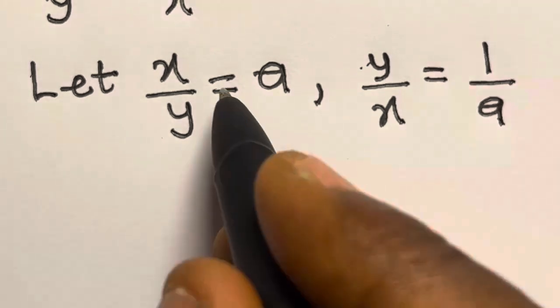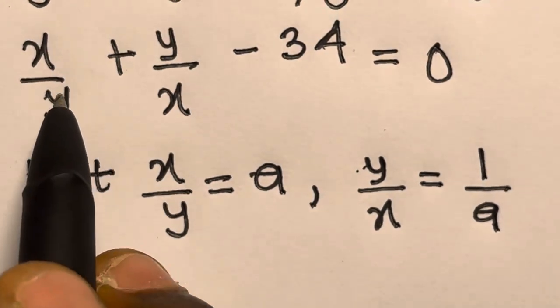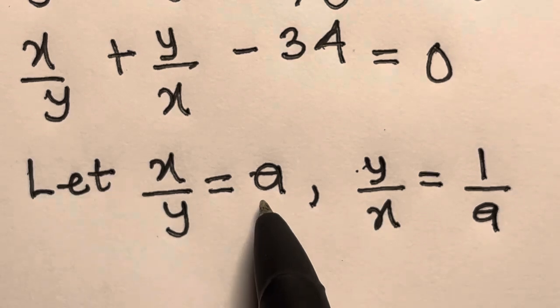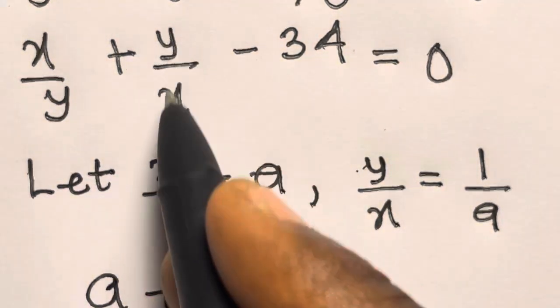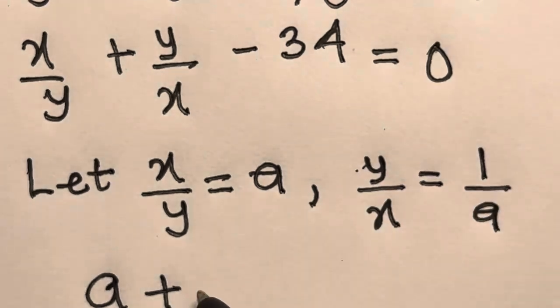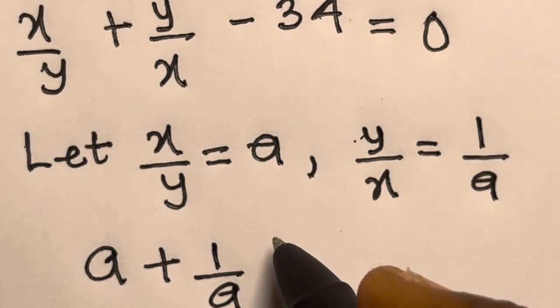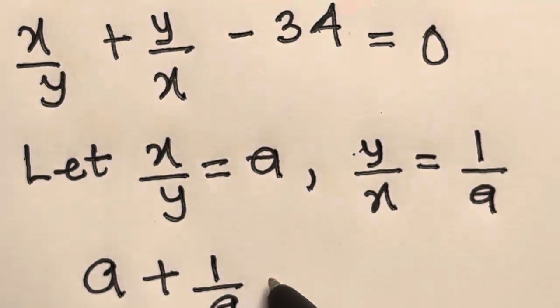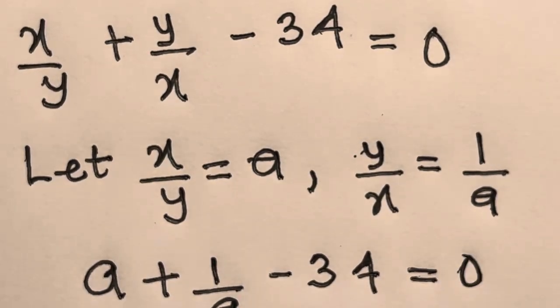So the above equation now becomes: x divided by y is a, plus y divided by x, which is 1 over a, then minus 34 equals 0.